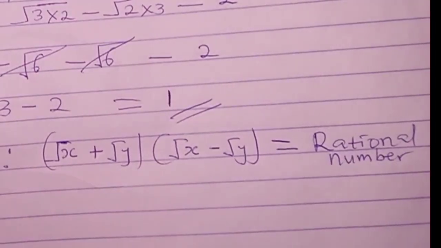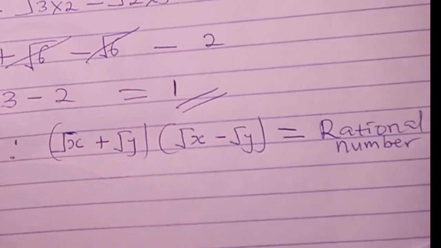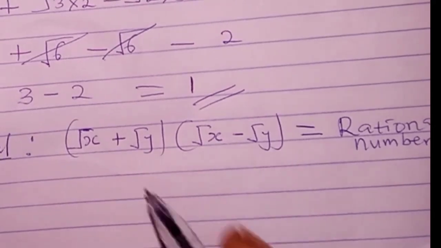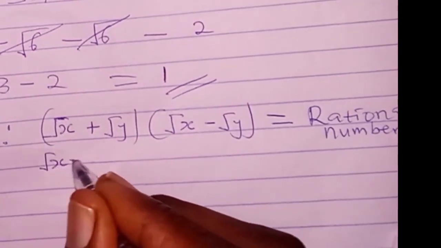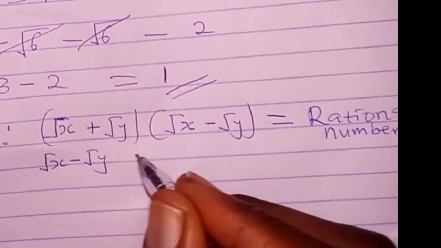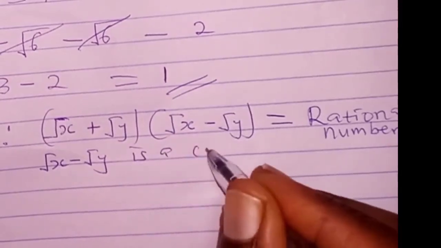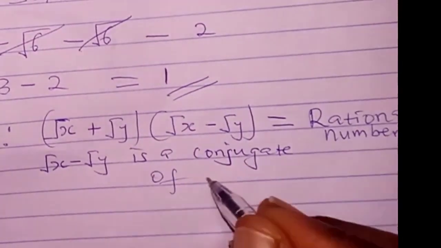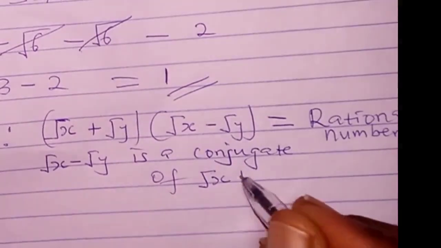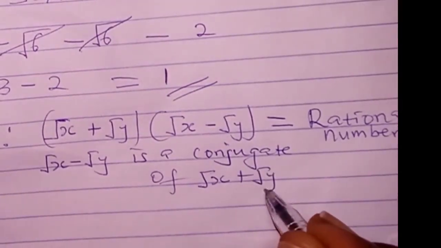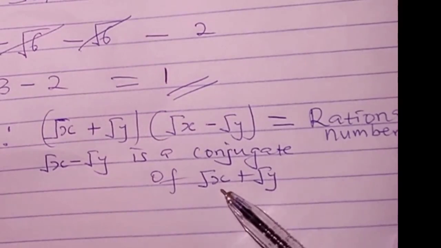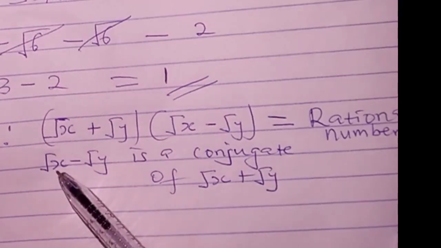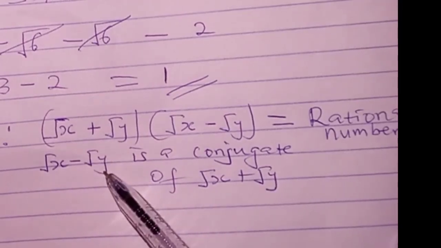And since it results in a rational number, it means that this is a conjugate of this. Hence, root x minus root y is a conjugate of root x plus root y. Likewise, root x plus root y is a conjugate of root x minus root y.